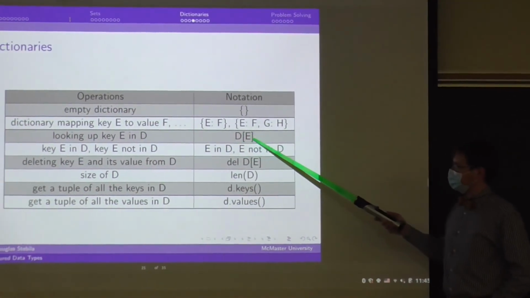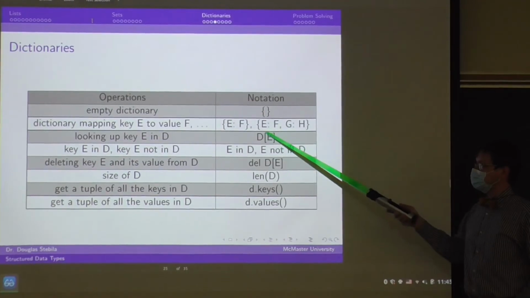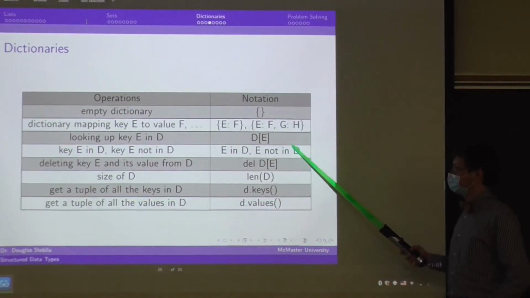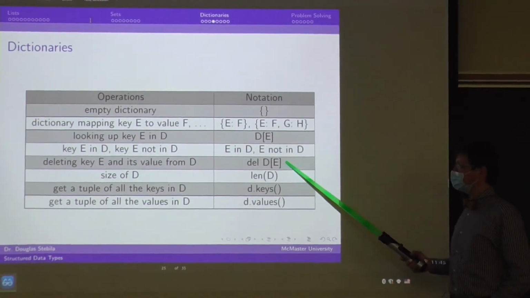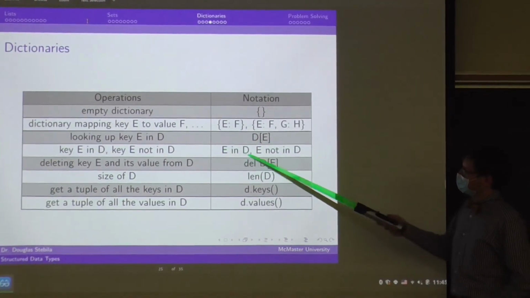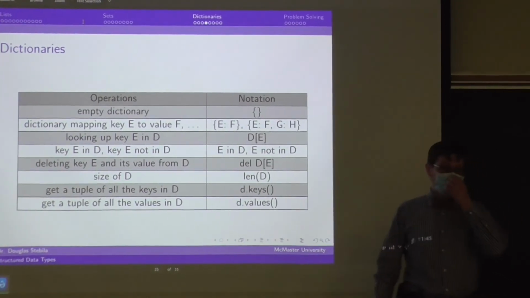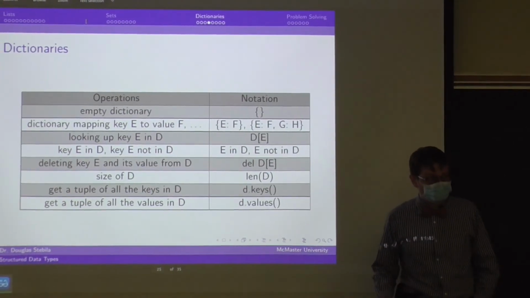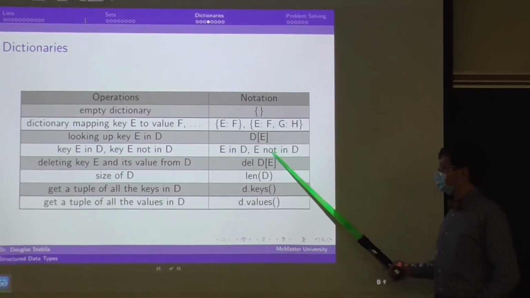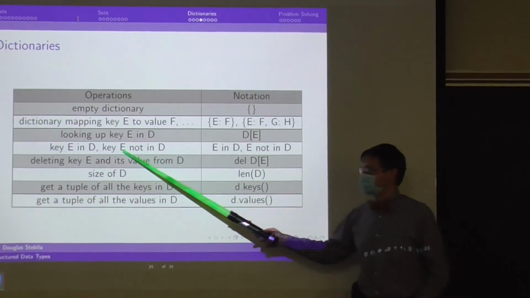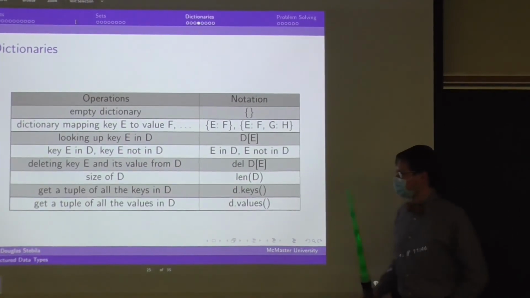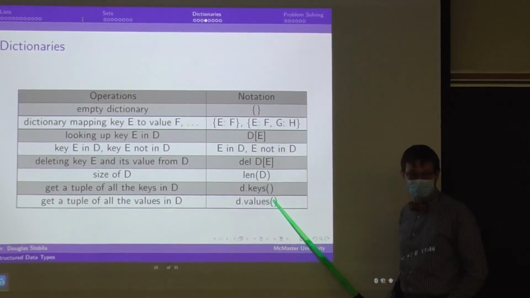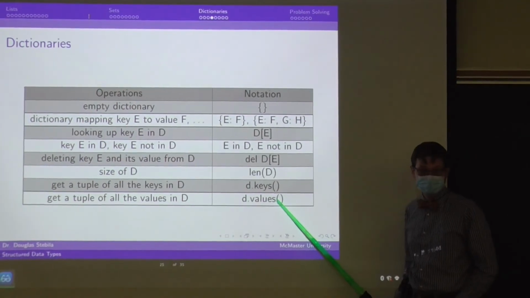So, you look up a key E using the same square brace notation that you use for indexing. You still have access to our much vaunted search operation, in. In, by default, searches the keys. However, it's reasonably easy to extract a tuple of the values contained in the dictionary.